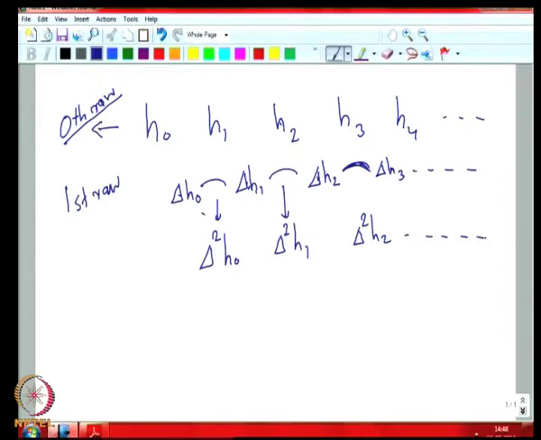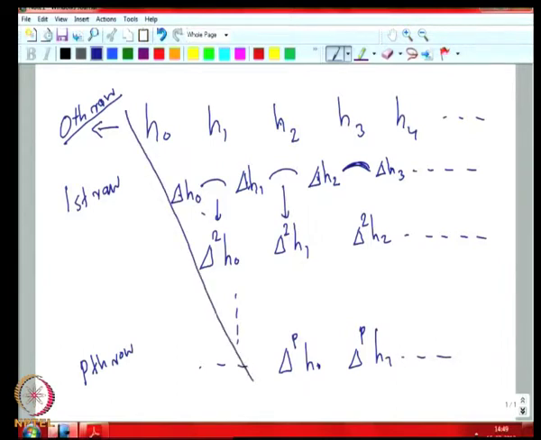This sequence is the second order. Like that, in the pth row we will have the pth order difference sequence: delta raised to p of H0, delta raised to p of H1 and so on, right.